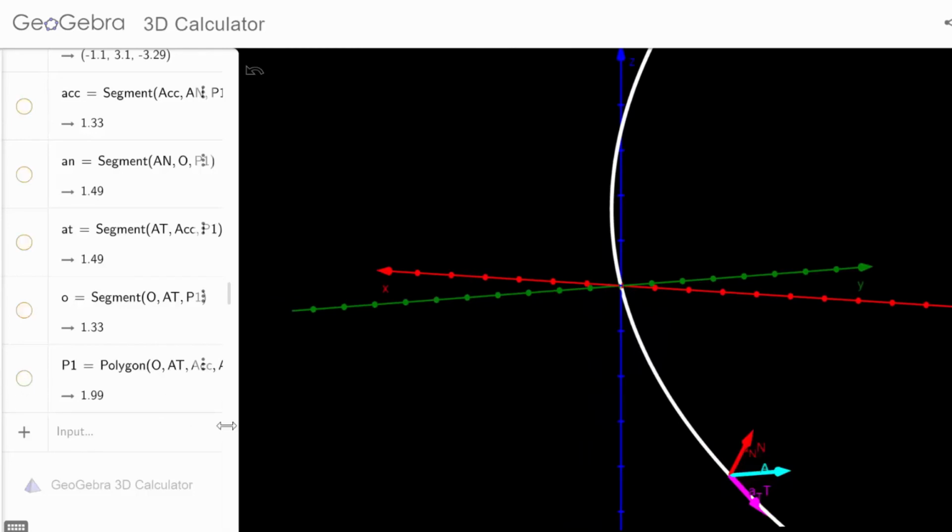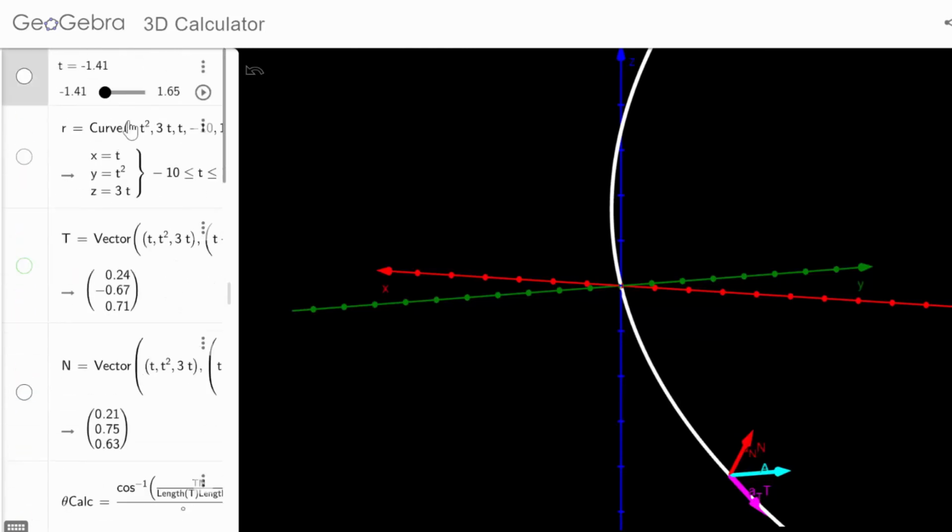Now, look, as the parameter little t increases to 0 from the negative direction, look at what happens. Both a sub n and a sub t change in length, but notice that a sub t really changes a lot. In fact, it's shrinking.